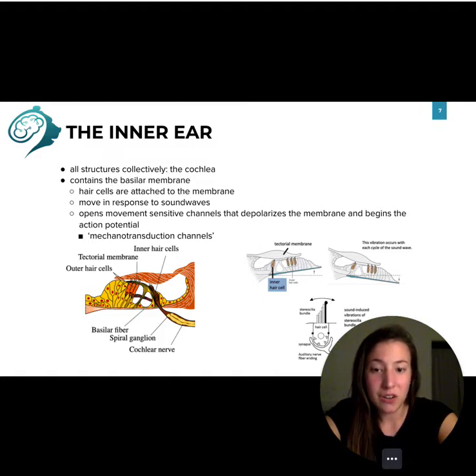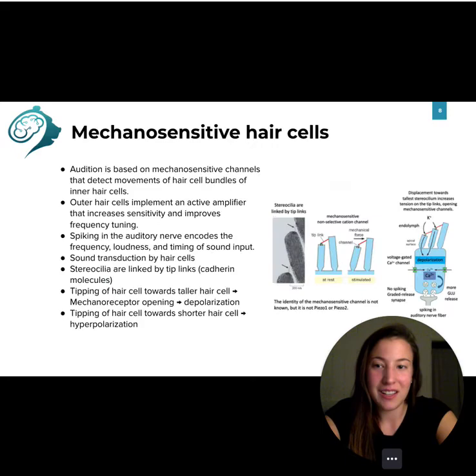They contain channels that respond to physical deformation in the membrane, meaning they can open when the hairs move. The opening of these channels causes an influx of positive ions, depolarizing the membrane and beginning the action potential. These specific channels are called mechanotransduction channels.